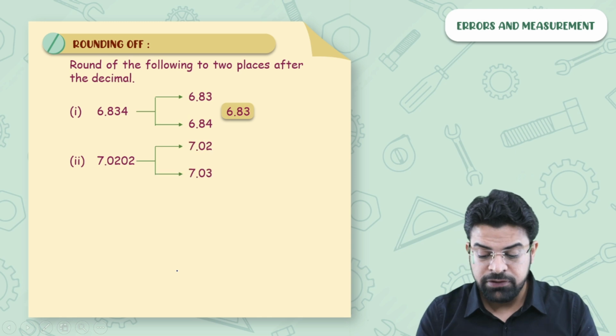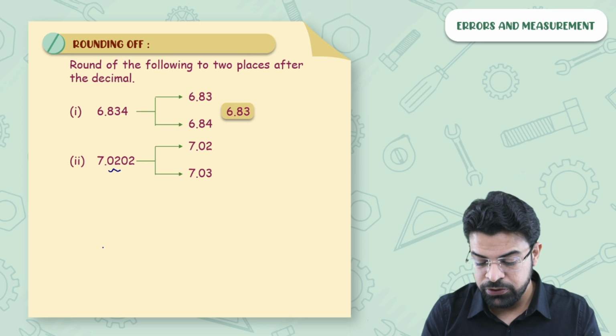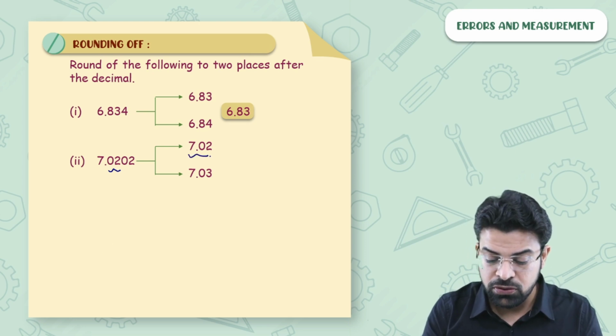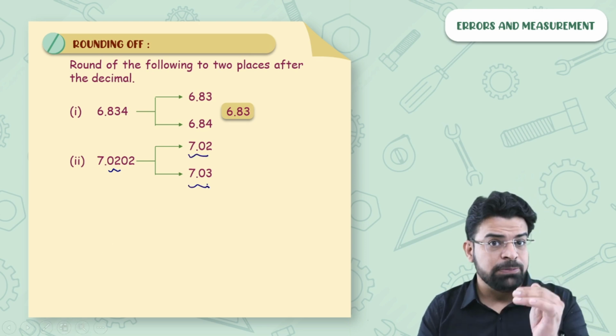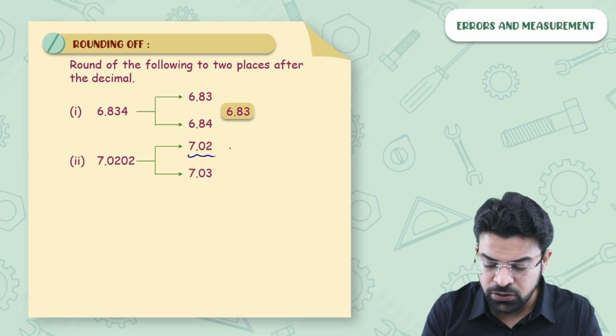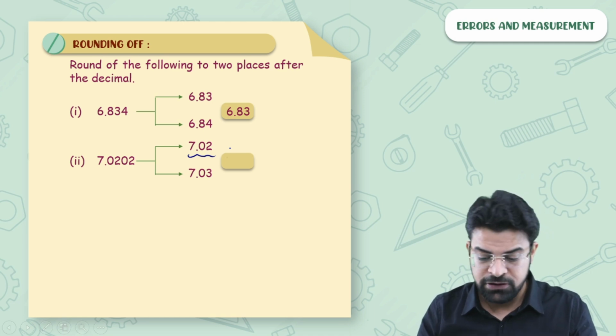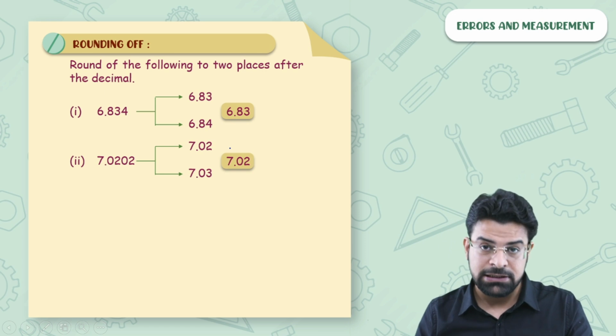Hence, when we round off 7.0202 to two places after the decimal, we will see whether it is closer to 7.02 or 7.03 because it lies between them. And as 7.0202 lies closer to 7.02, we will say that on rounding off to two places after the decimal, it will become 7.02. Let's see the next example.